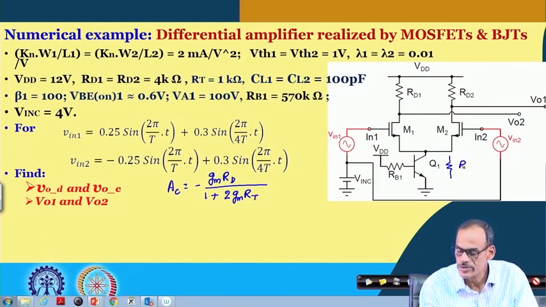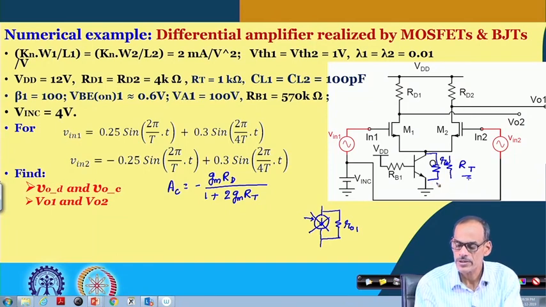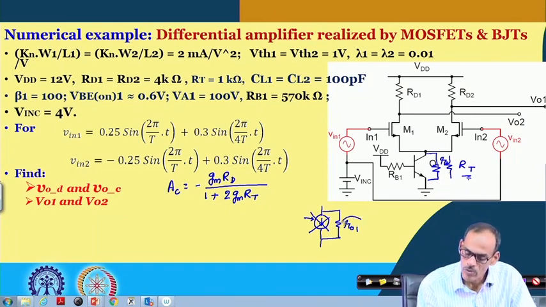Now, while we have this active device instead of a passive element, whatever the r naught we have is playing the role of RT, because if I consider its small signal equivalent circuit of this tail current source, where this part is the DC, and for DC of course we have to remove this part, then we will be left with RO1 in the small signal equivalent circuit. So, RO1 is essentially playing the role of RT.